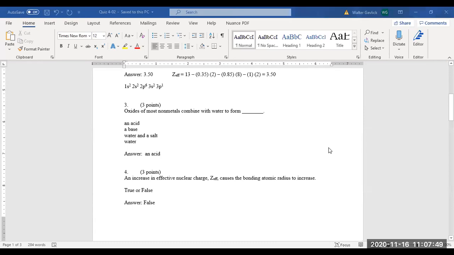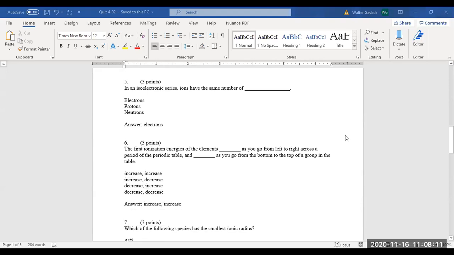Number 3, oxides of most nonmetals combine with water to form, and the answer is an acid. Number 4, an increase in the effective nuclear charge causes the bonding radius to increase. That was false. It causes it to decrease rather.